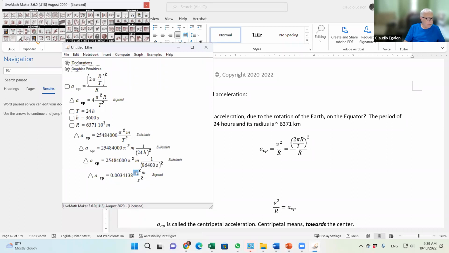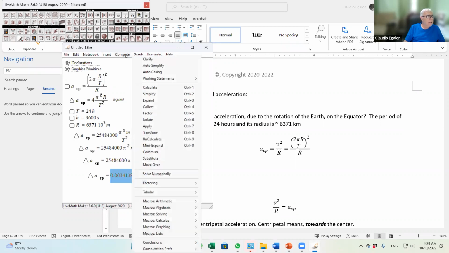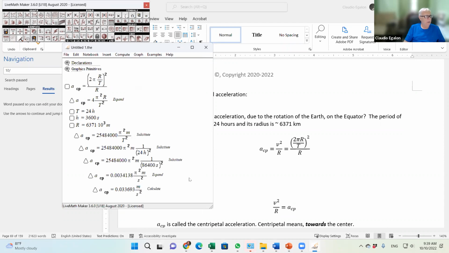Pi squared is approximately 10. That's why we ended up subtracting 1 decimal place. That's the centripetal acceleration due to the Earth's rotation.